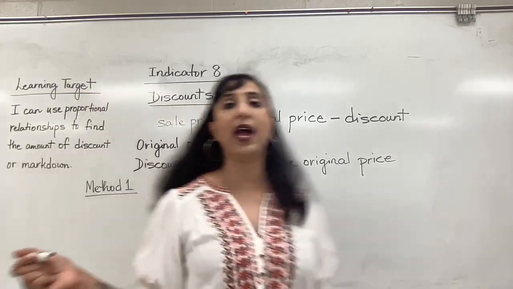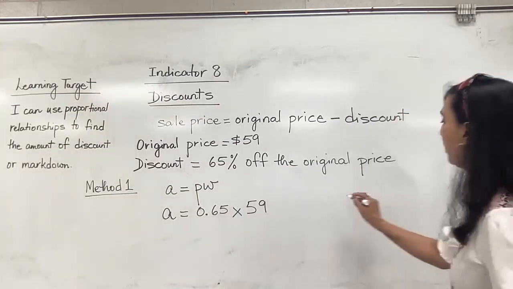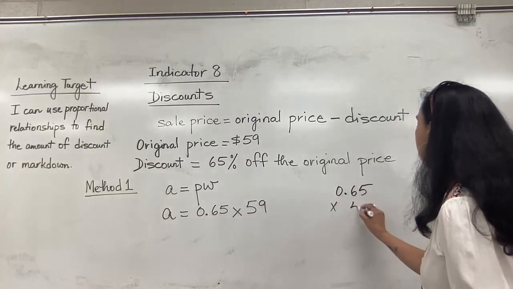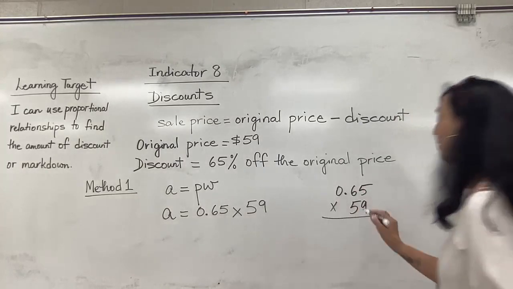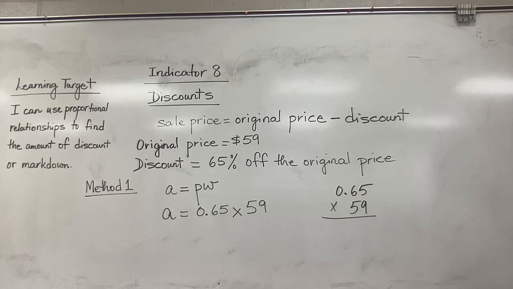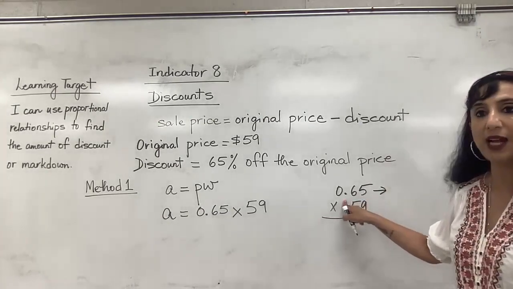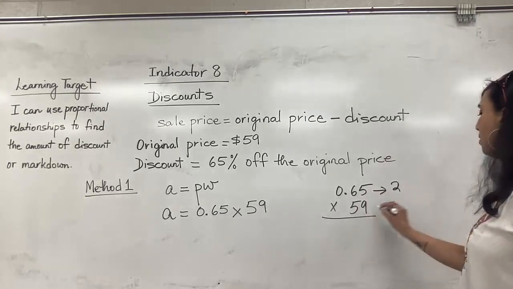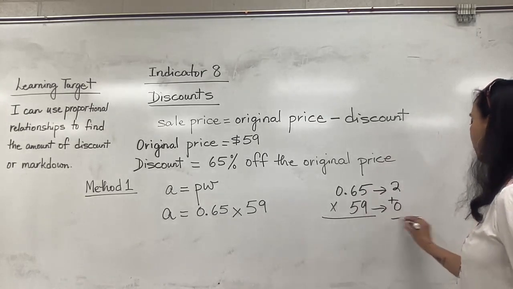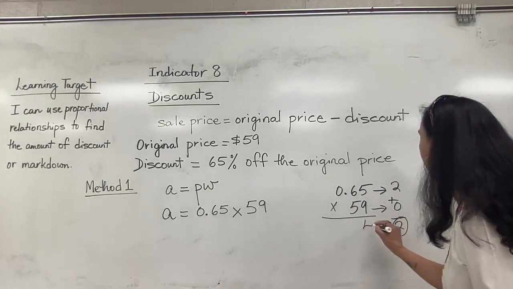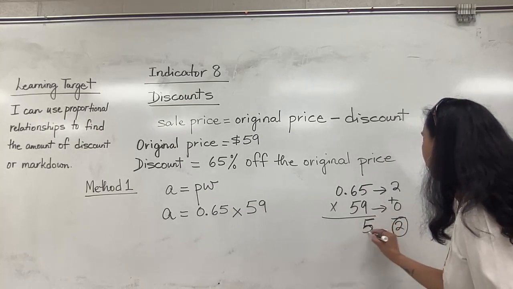And then all I have to do is multiply. So I do 65 times 59, and then I can look over here how many digits are behind the decimal. I have two digits, so I'm going to write 2. Total amount we have is 2 that we are going to use at the end for the product. Okay, so 9 times 5 is 45.